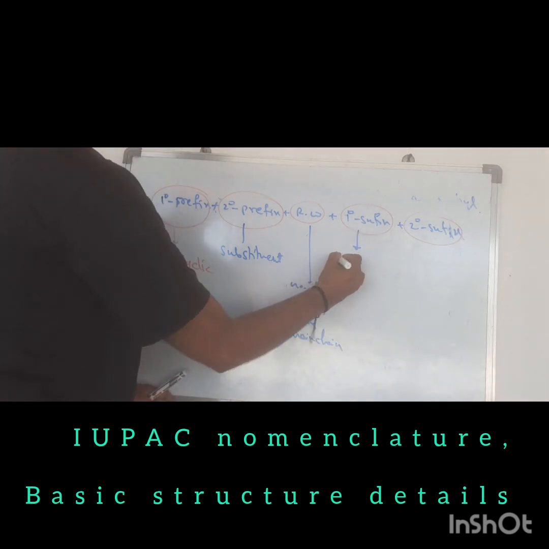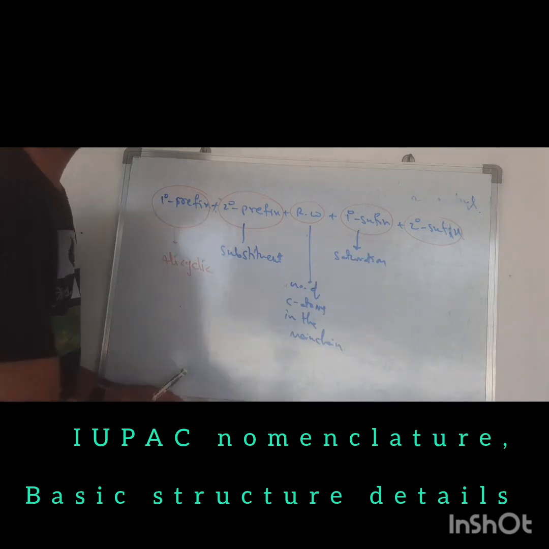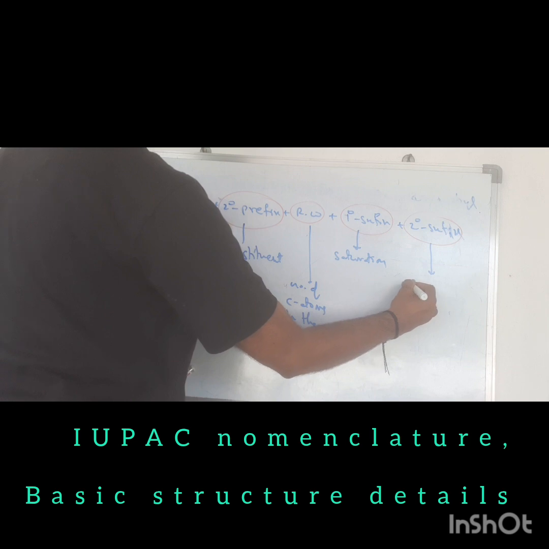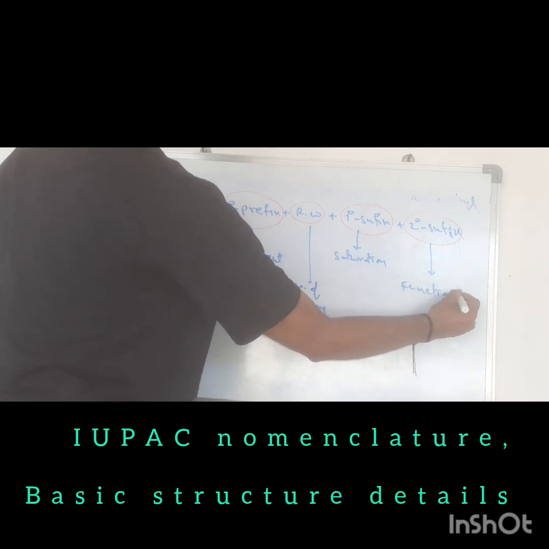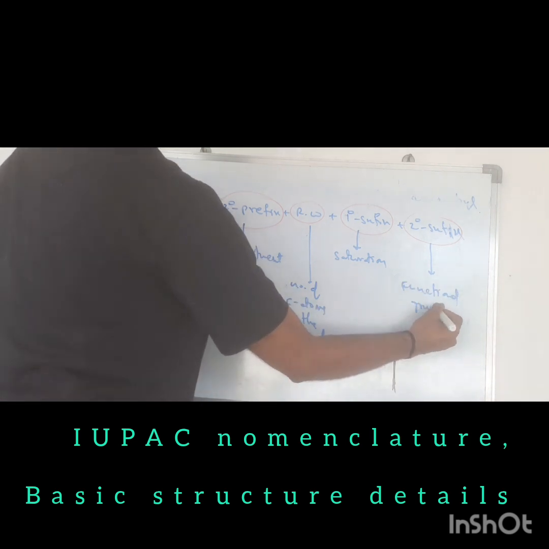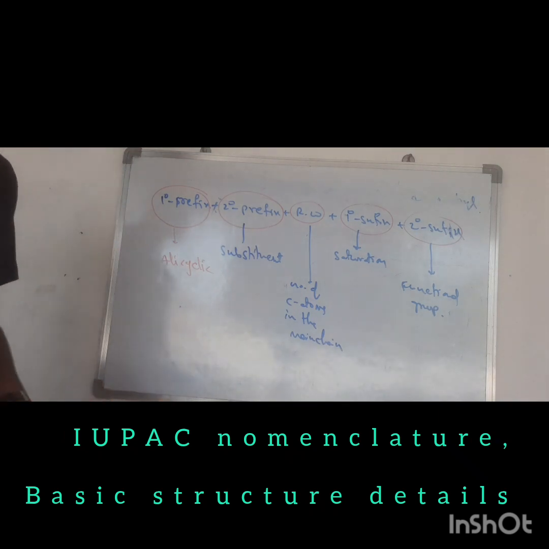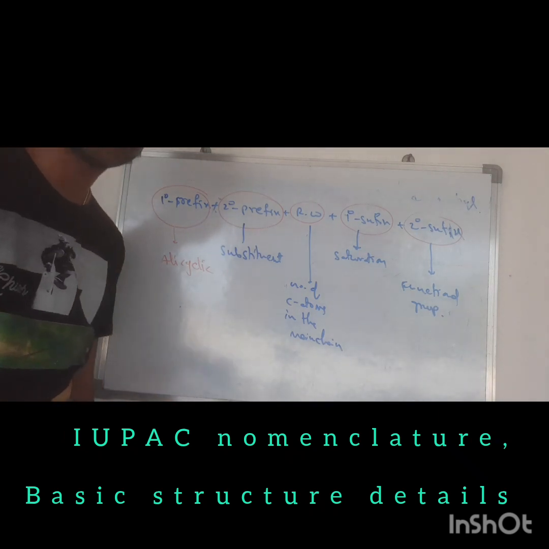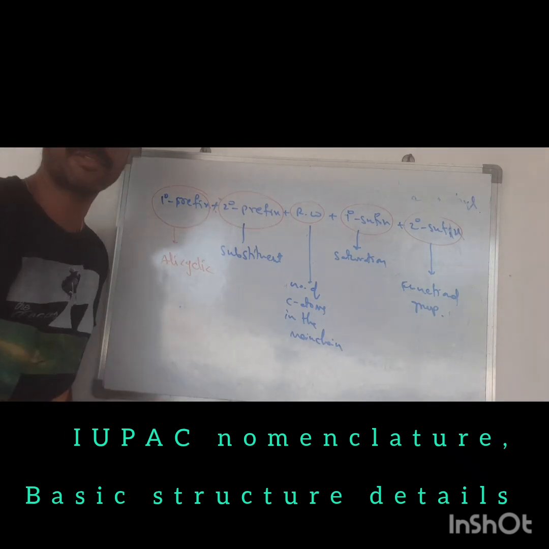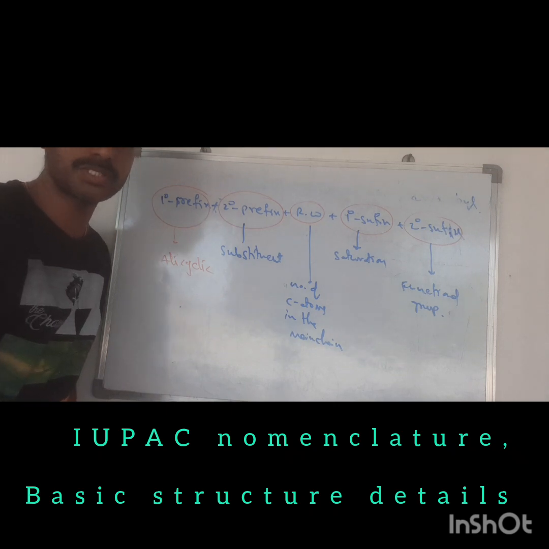Primary suffix tells about the saturation of the compounds. Secondary suffix tells about the functional group present in the organic compounds. Okay, how to give the names, how to select the chain, and what the rules in IUPAC nomenclature are, we will see later. Okay.